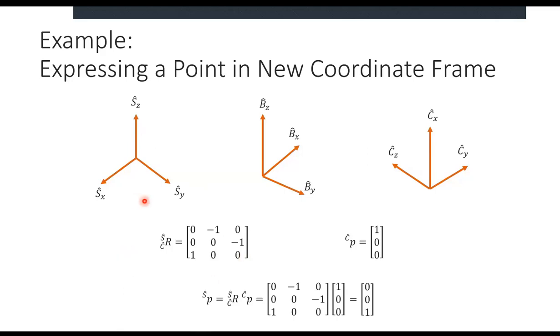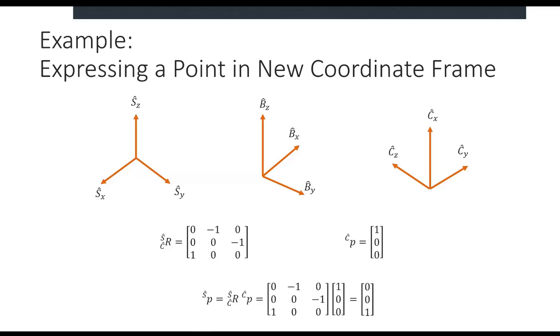So here I have my rotation matrix. I got this by dot producting my axes from one frame with the axes of the other frame to figure out how much each of these vectors contributes to the other ones. This is just the same thing from last slide. Here's our point. In order to go from frame C to frame S, we multiply them together. Importantly, we're left multiplying the rotation.